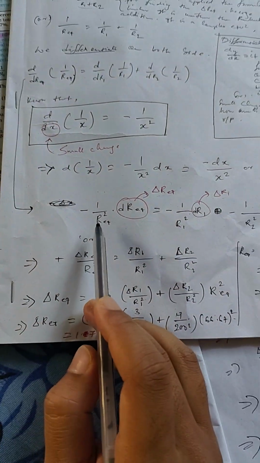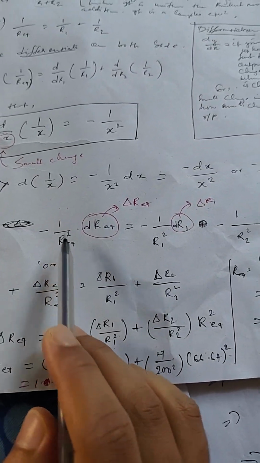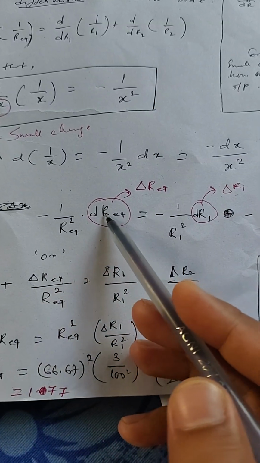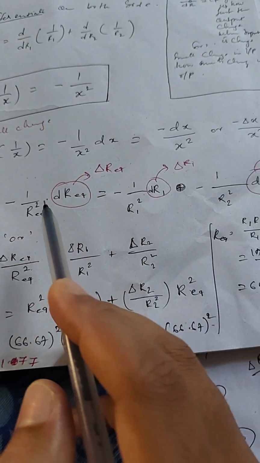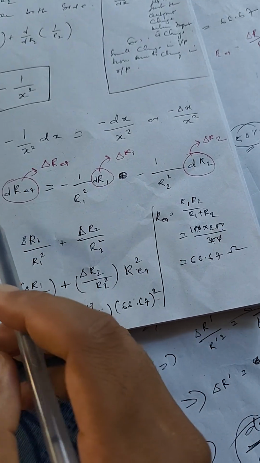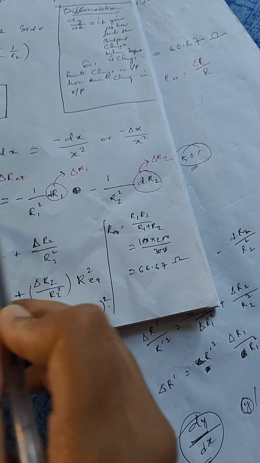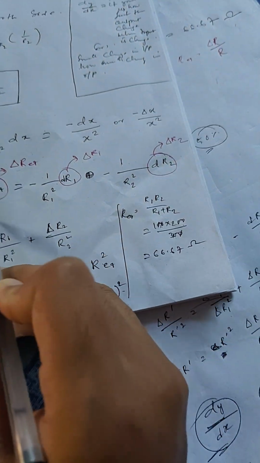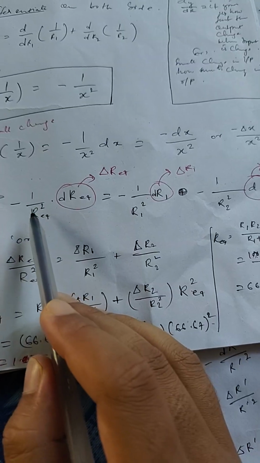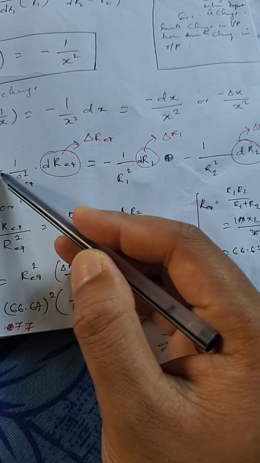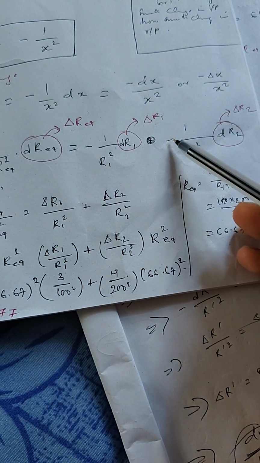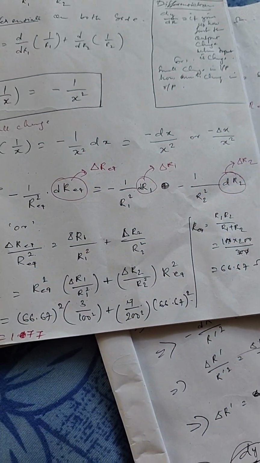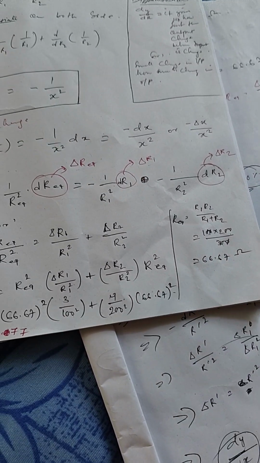As you can see in our next line, by applying this formula I have found delta R equivalent. This is the equation that I found after applying the formula. Now you have to remove this minus symbol so that our equation becomes simpler and easier to solve.